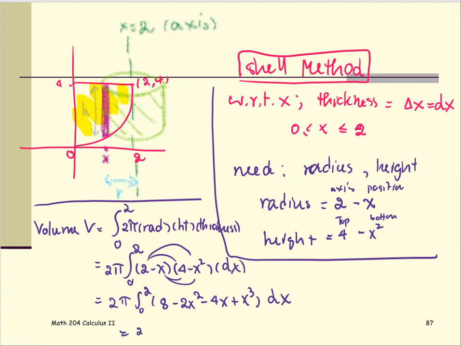The antiderivative is 8x minus 2/3 x to the third minus 2x to the second plus 1/4 x to the fourth. Evaluate from x equals 0 to x equals 2. After you substitute both the lower and upper limits, the answer should come out the same as the previous method, which is 40 pi divided by 3.